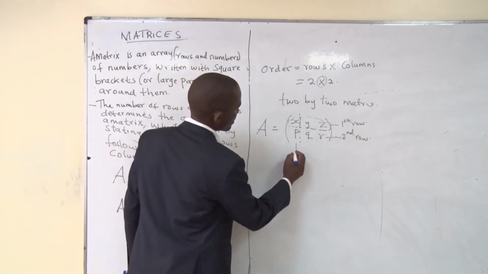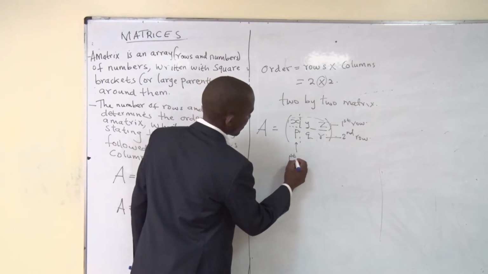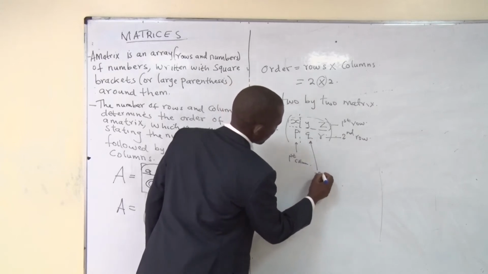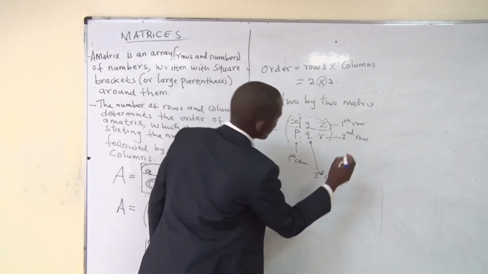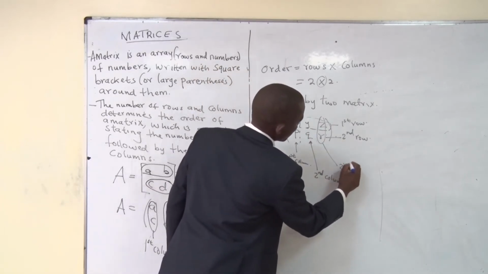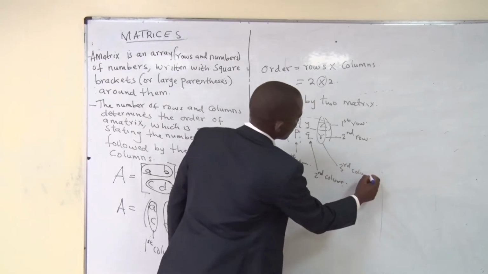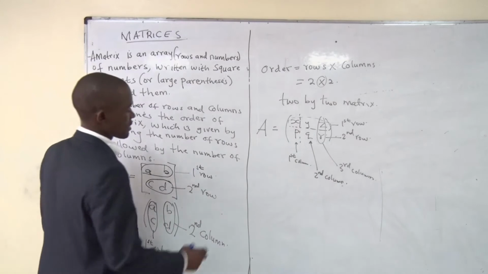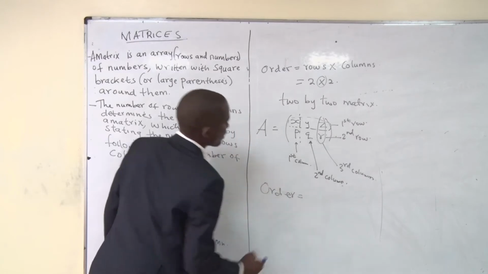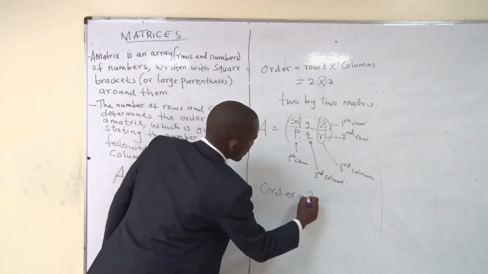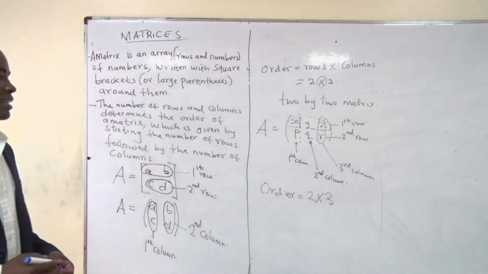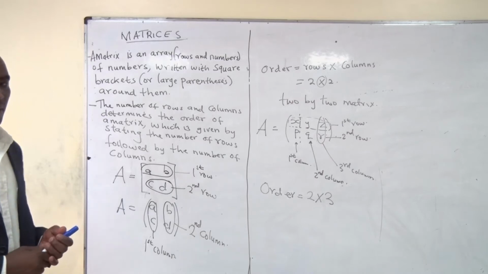This one forms our first column, this one forms our second column, and of course this one forms our third column. So the order of such a matrix: the number of rows is 2, the number of columns is 3. So that is called a 2 by 3 matrix.